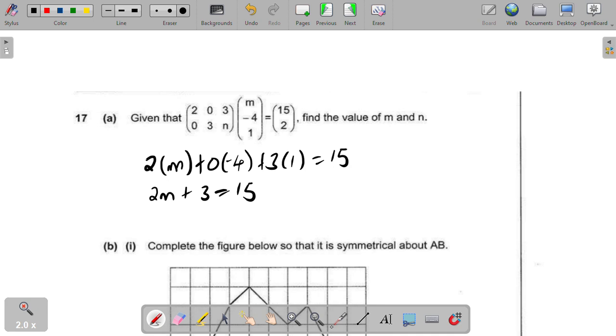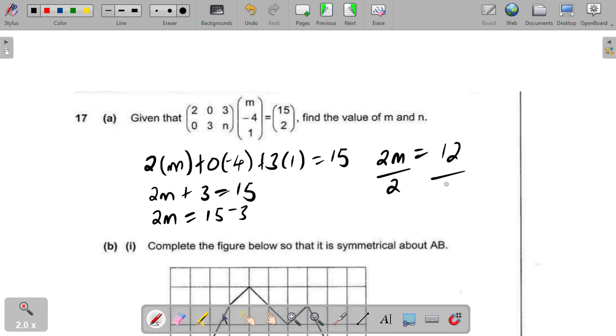When 3 crosses the equal sign, we group the like terms. 2m is equal to 15 minus 3. What do we get? We get 12. So 2m is equal to 12.